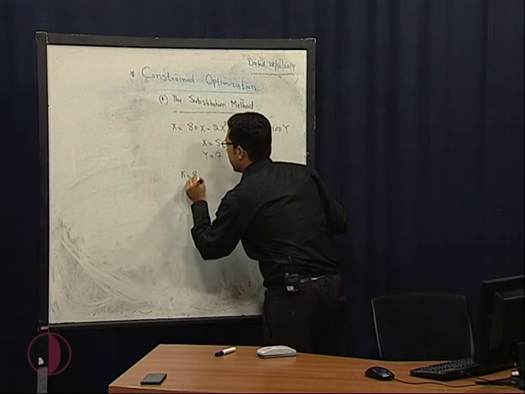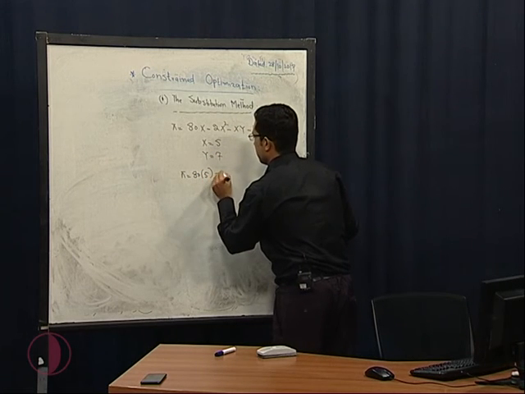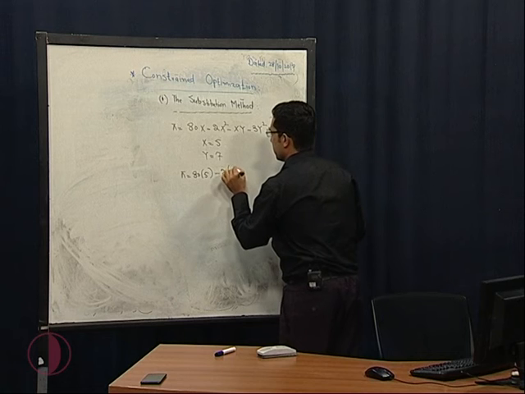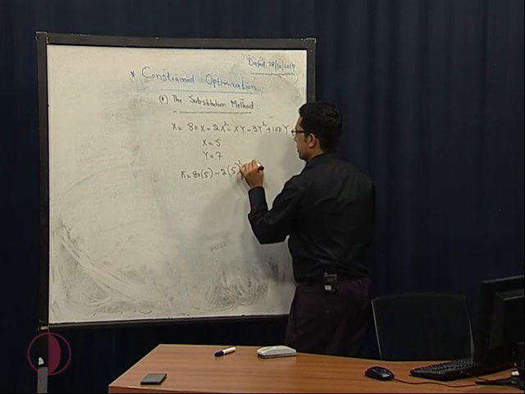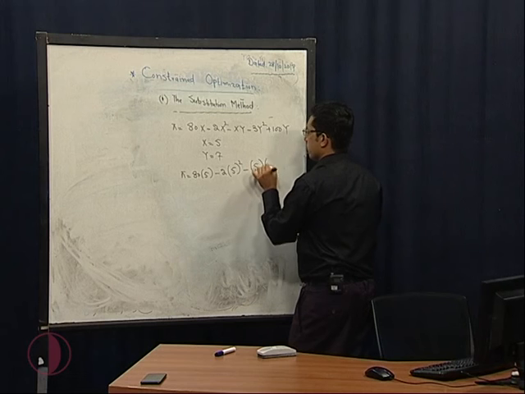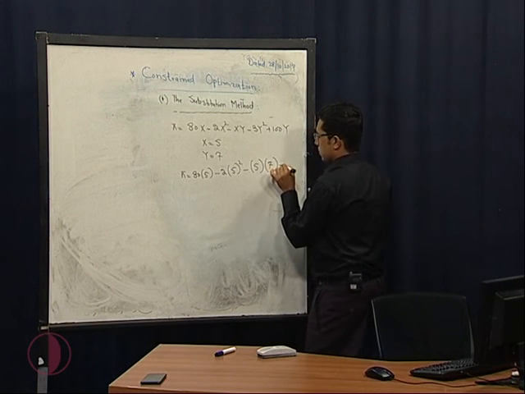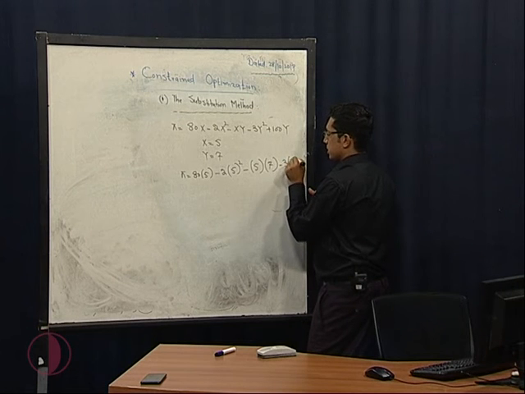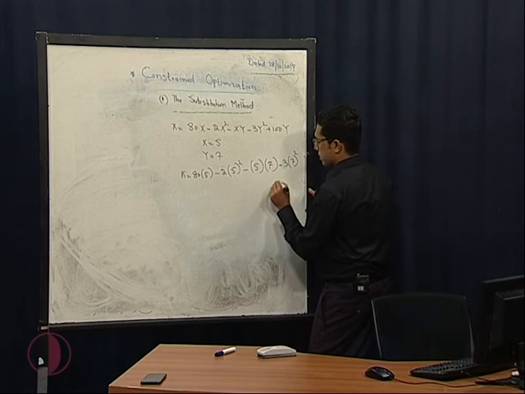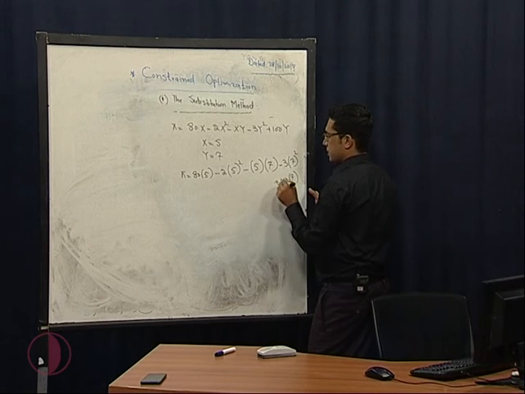Profit is equal to 80 multiplied by 5, minus 2 times 5 square, minus 5 times 7, minus 3 times 7 square, plus 100 times 7.